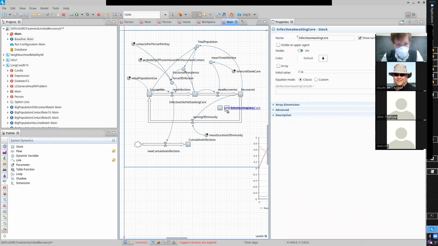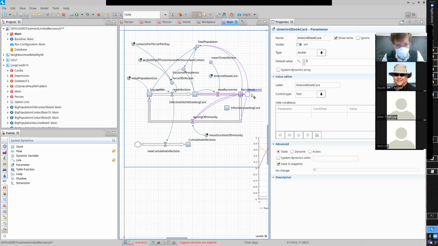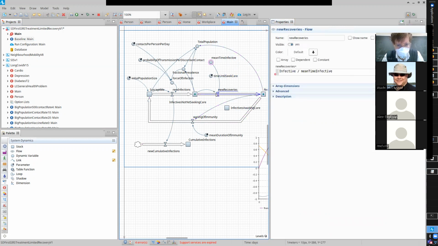And we're going to have people move from not yet seeking care to awaiting care with a mean time of time until seek care. So I'm going to disconnect this and drag this out here. And I'll be sharing mine with you in just a minute. Okay, there we go.